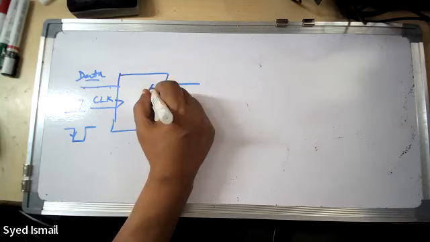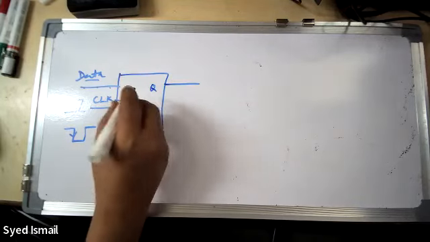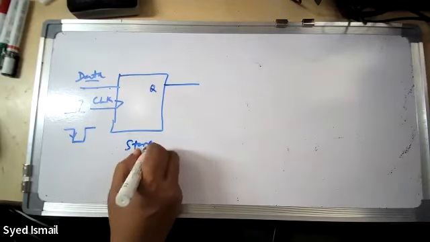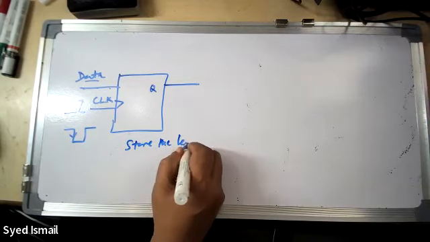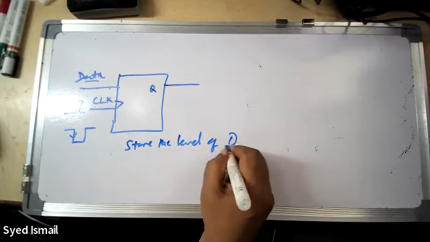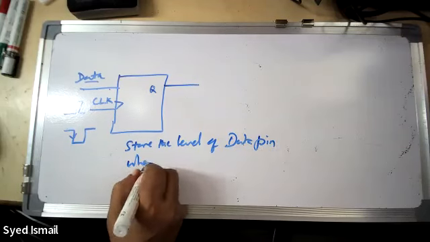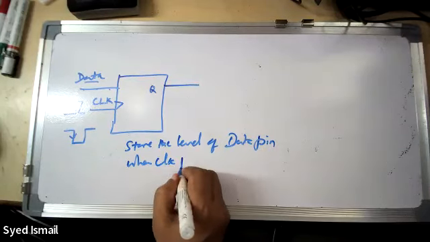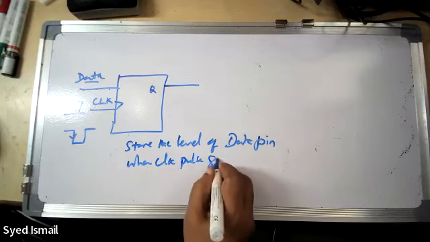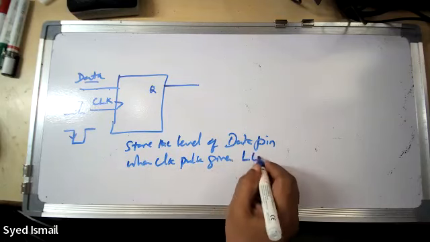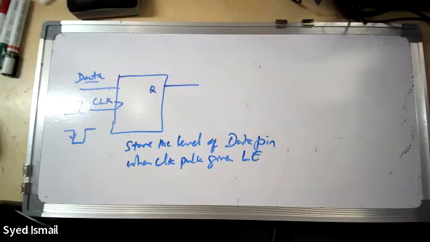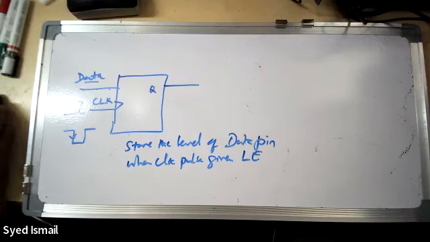That is stored inside. So the idea is to store the level of the data pin when the clock pulse is given, on the falling edge.